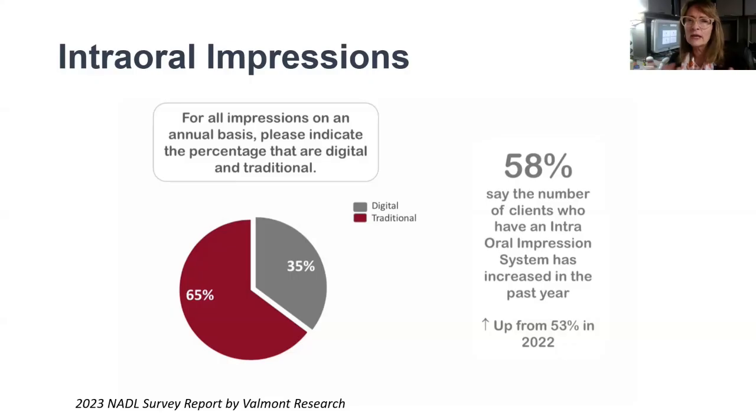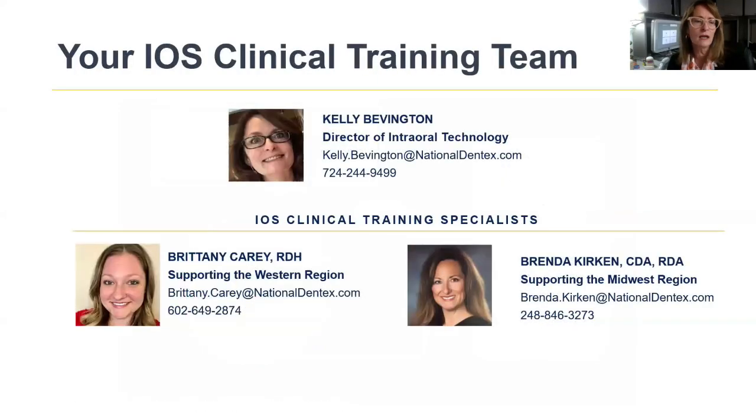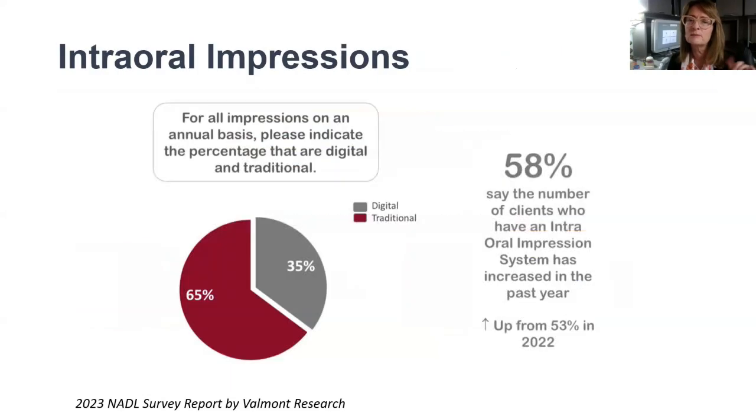I see varying data. Usually it's around 60-40, sometimes we can say 50-50. But what I thought was really interesting was the increase by 53% since 2022. So it continues to grow, it continues to evolve, and that's really super exciting.